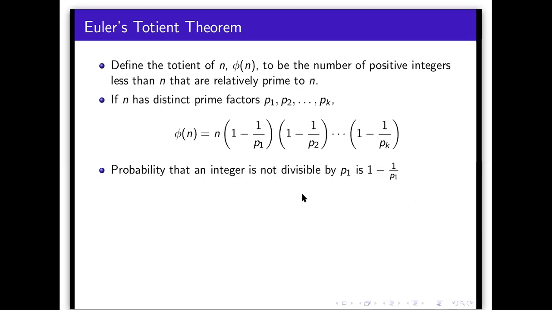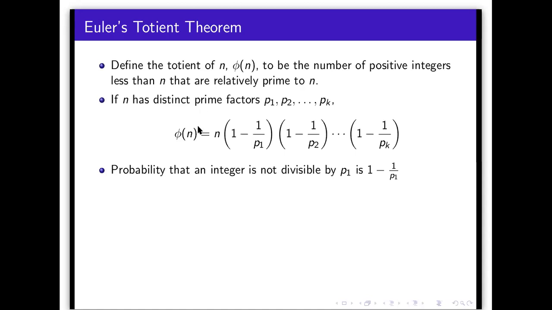To show this formula, one way is to note that the probability that an integer is divisible by the prime p1 is 1 over p1, so the probability that it is not is 1 minus 1 over p1.